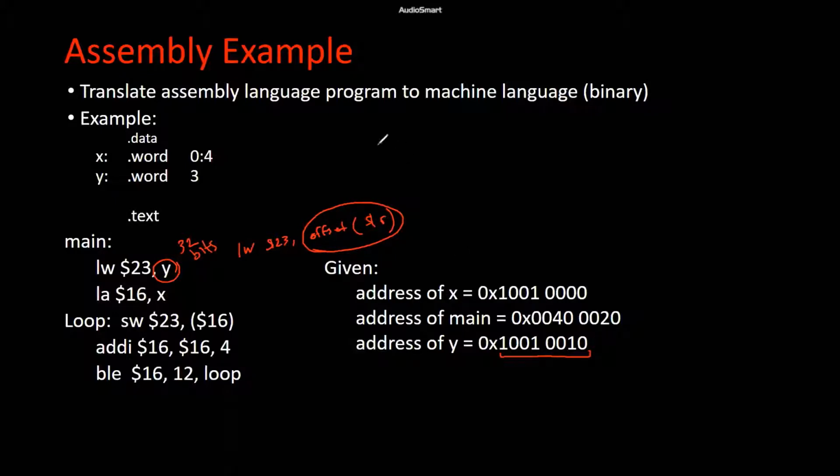So how do we do that? First, we are using a load upper immediate, and we are using register 1, which is basically reserved for the processor. So we are doing load upper immediate on register 1, and we are building only this top part first.